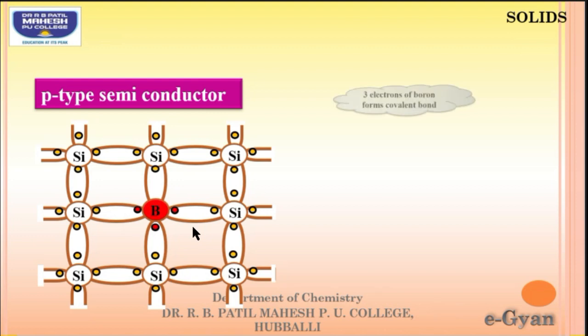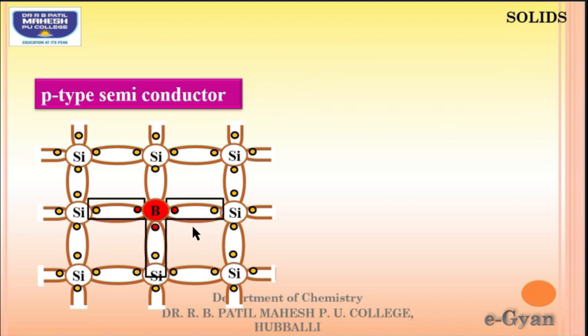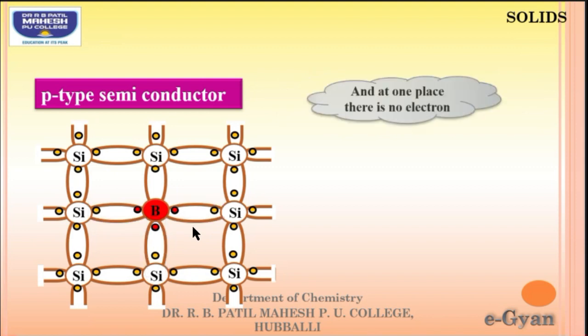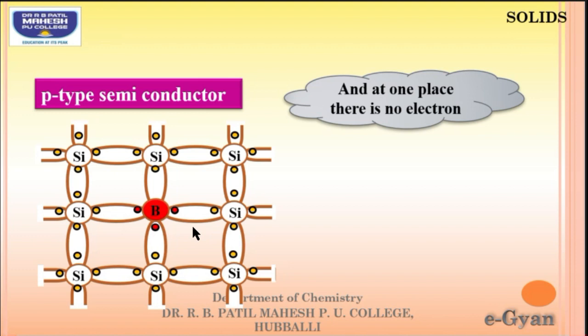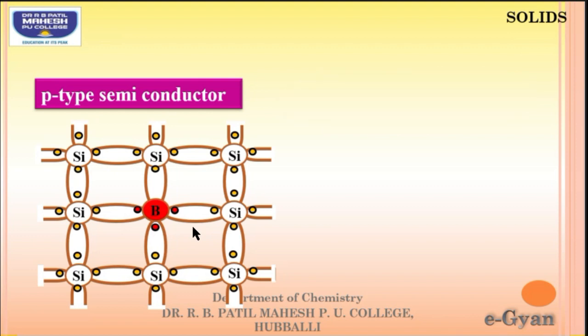So, we are left with one vacant place, that is going to act as a hole. At one place there is no electron, there is a vacancy, or it will become a hole. This hole should be neutralized.